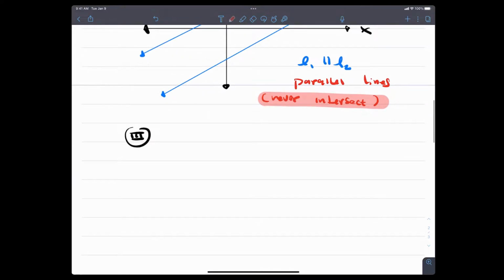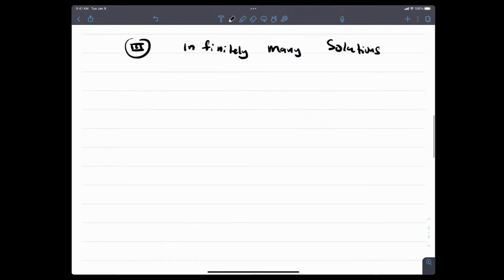And then here, this is when we call that there's infinitely many solutions. So what does infinitely many mean?